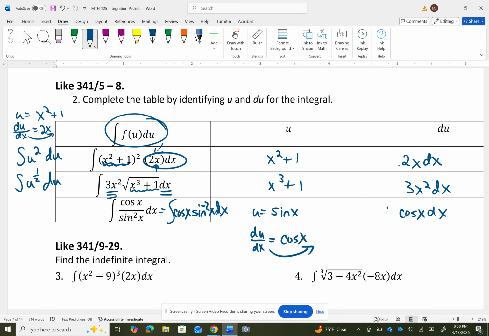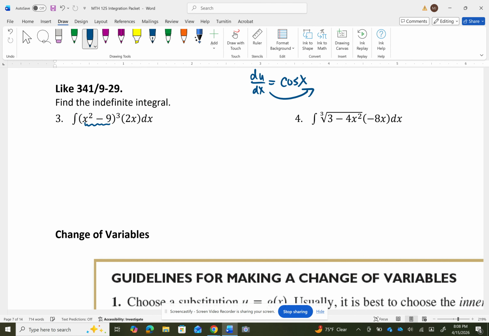All right, I want to do these two here by trying to use pattern recognition, since that x squared minus 9 kind of tells me where this 2x would have come from. So if I were trying to do this one without any change of variables and all that we're going to do later, I might just think about how this would be the inside function.